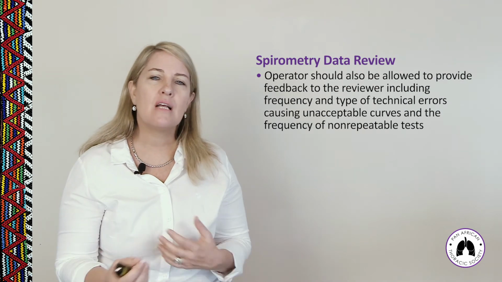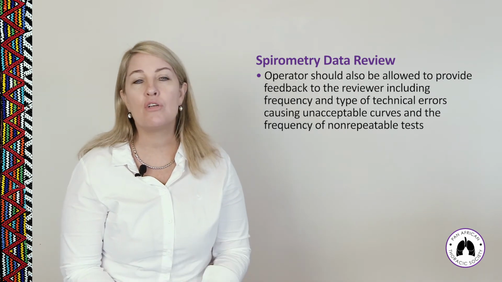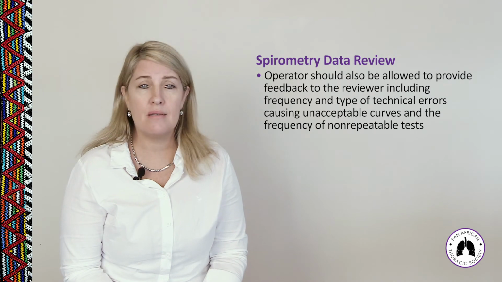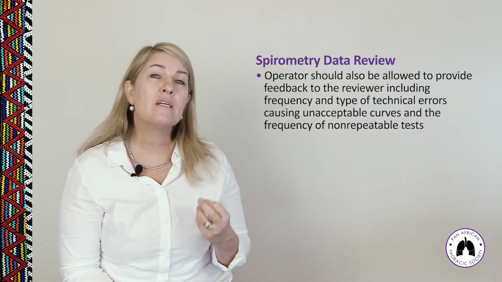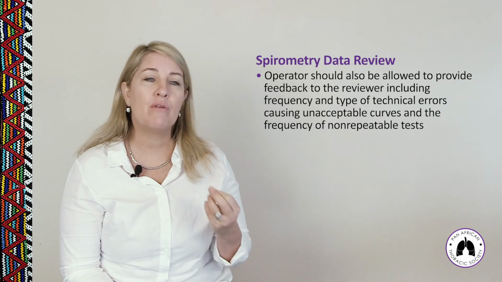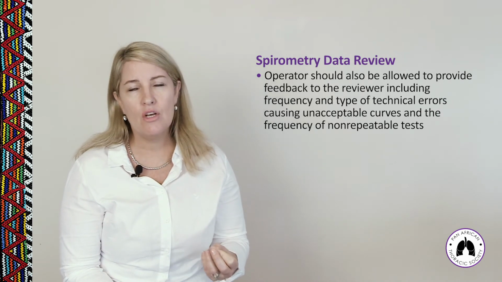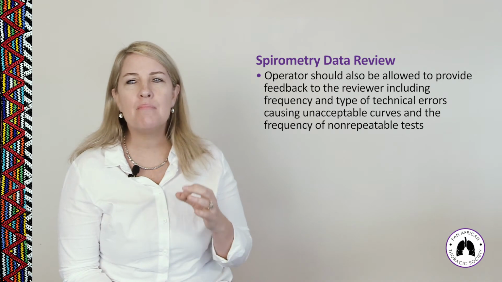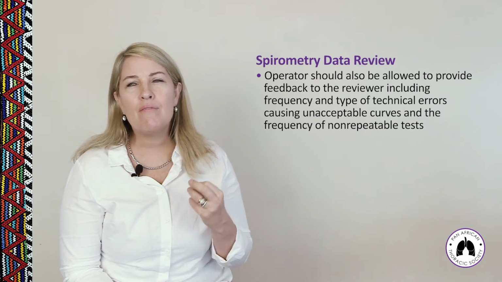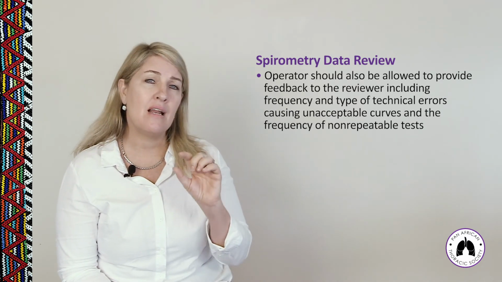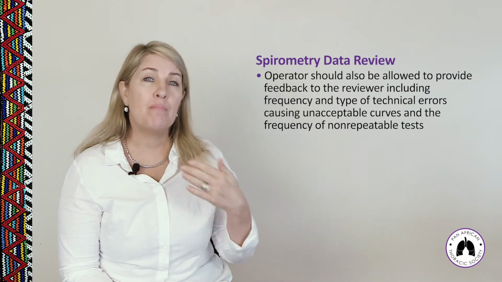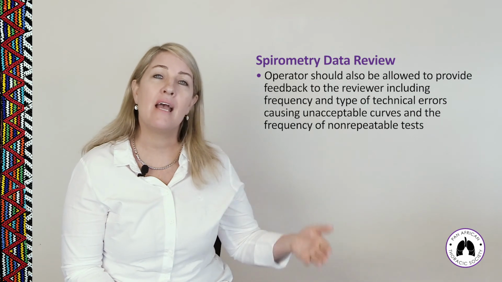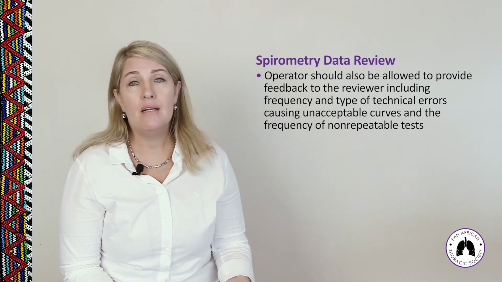Periodic discussions between the technician and reviewer should include things such as the frequency and type of technical errors causing unacceptable curves and the frequency of non-repeatable tests. So what you find is that if one of the staff members is misunderstanding one aspect of spirometry, you may find the same error repeating itself again and again and again in this person's tests, naturally.